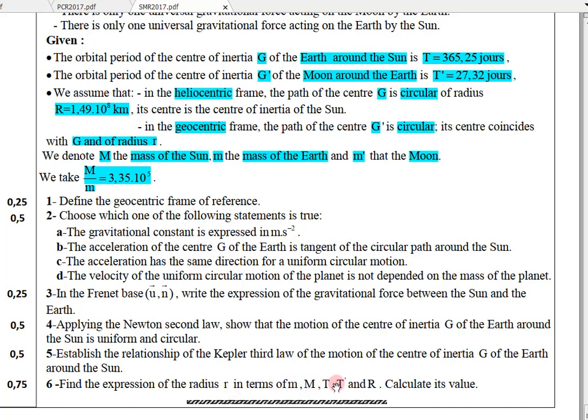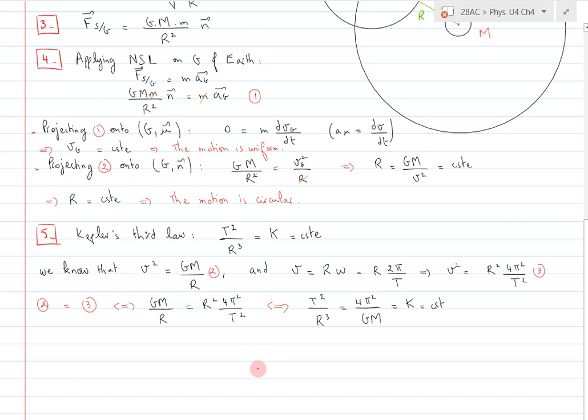So r in terms of M, T, T prime, and R. For this question, we are going to use the results of question 5, which is Kepler's third law. That's why they ask us to establish Kepler's third law.